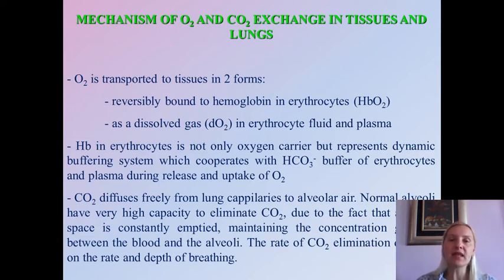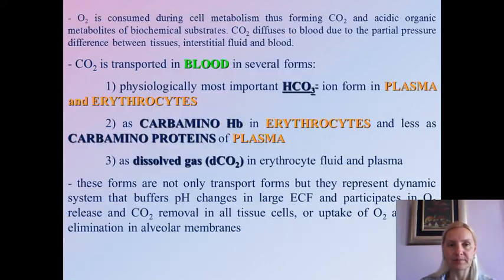Because the alveolar space is constantly emptied by expiration, so there is always a concentration gradient between carbon dioxide in blood and less concentration of carbon dioxide in alveolar space. So carbon dioxide constantly diffuses from blood capillaries to alveolar space and is eliminated from the body. Of course, that depends on the rate and depth of breathing.